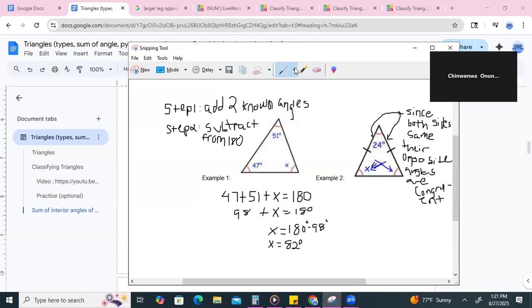That's my final answer for example one. We'll go ahead and move on to example two.